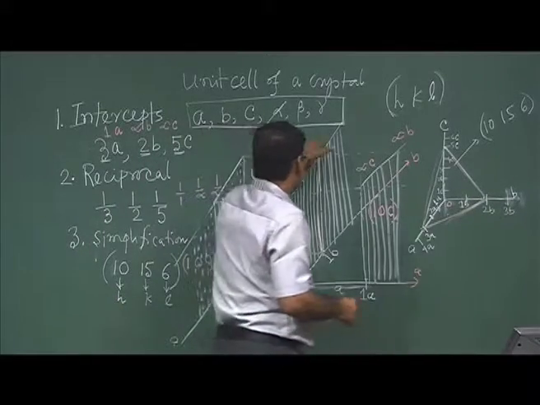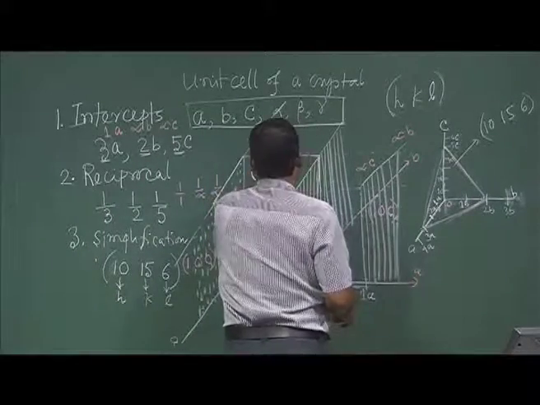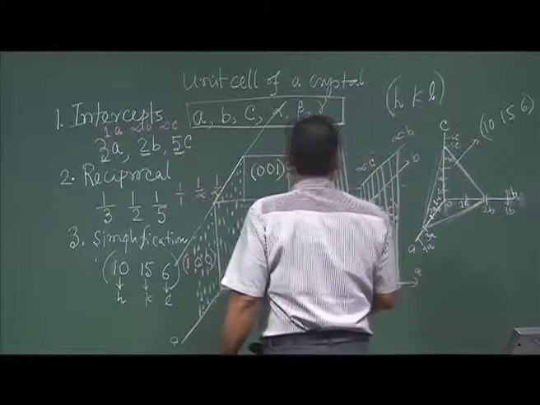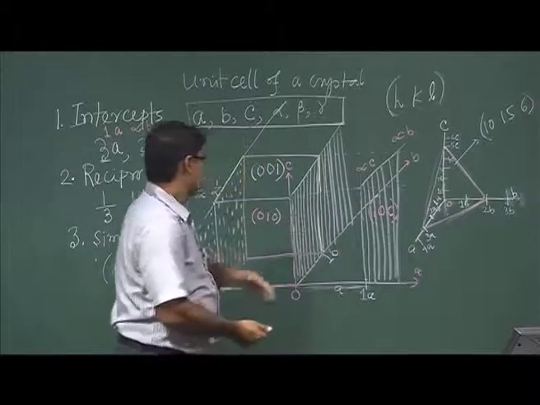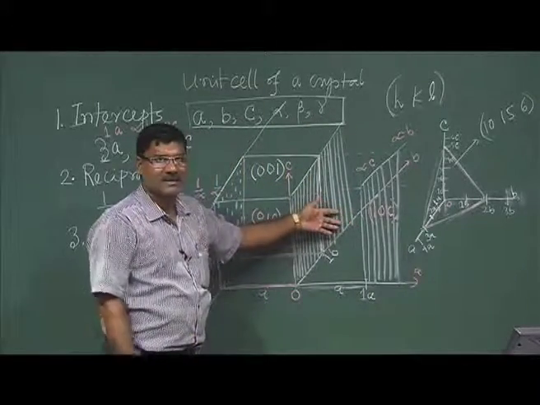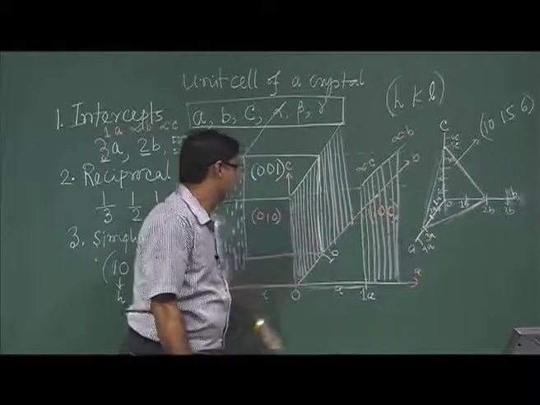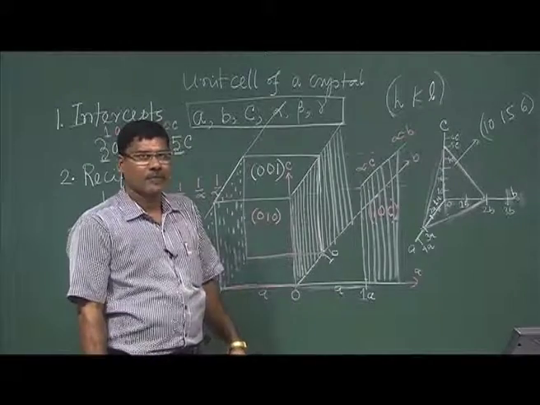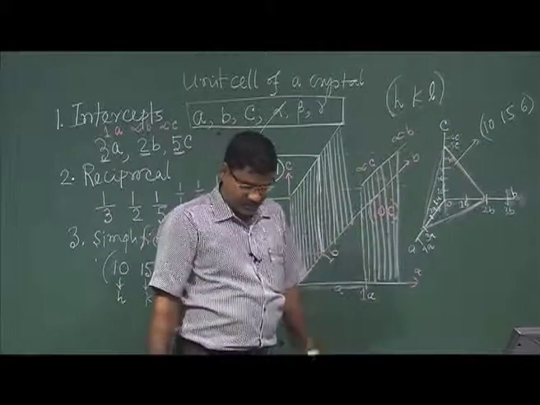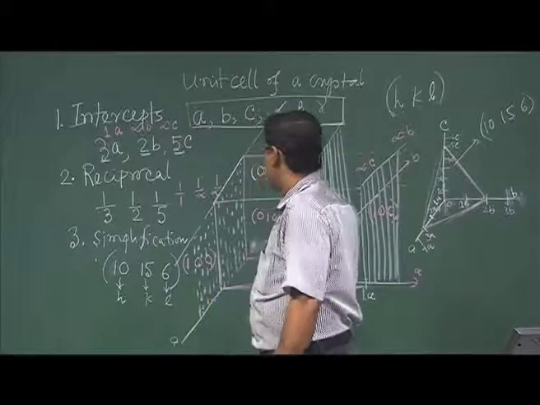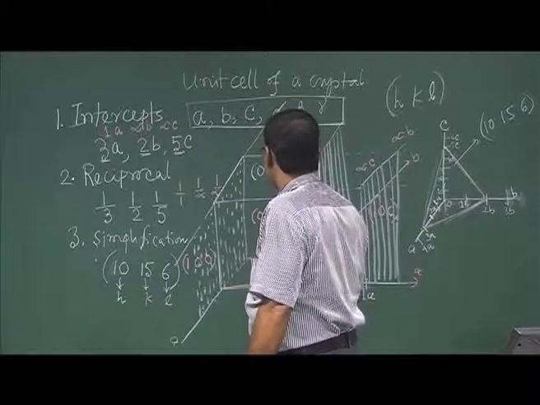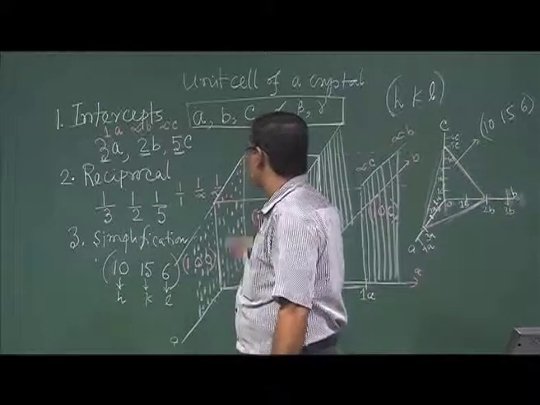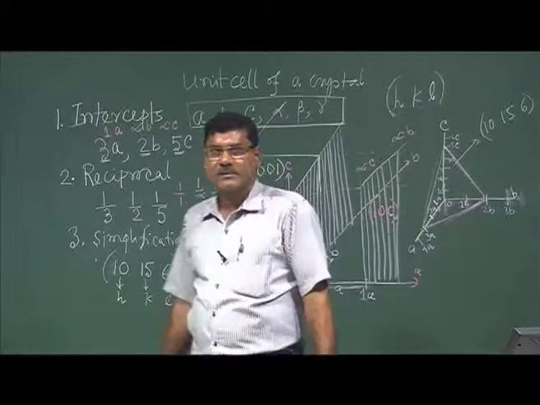So considering the faces of this unit cell, we are getting 3 crystal planes: 1 0 0, 0 1 0 and 0 0 1. This is how we find Miller indices, and when a Miller index is put in brackets, it represents the crystal plane.